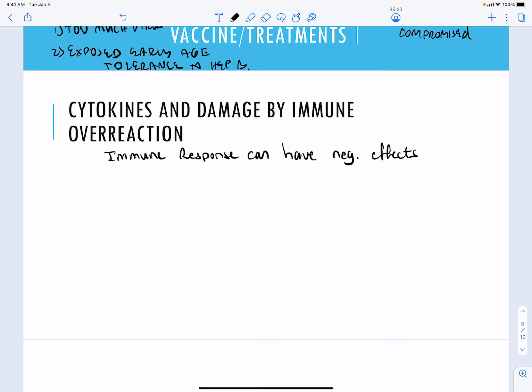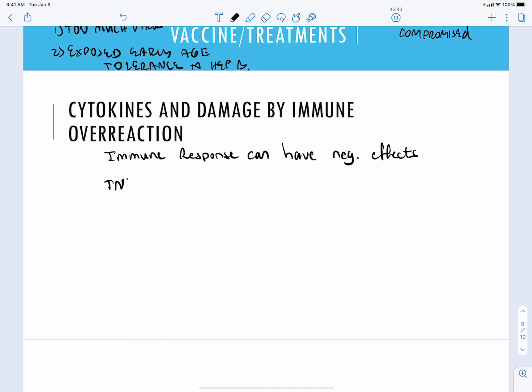So your immune system is trying to clear a pathogen at the same time doing damage. Sometimes for a chronic pathogen, the immune system has to make a choice. Am I going to keep pushing and trying to eliminate this, or am I going to hold back and just keep it in check, which is what it does for tuberculosis, for example. So some cytokines have some negative effects just in general.